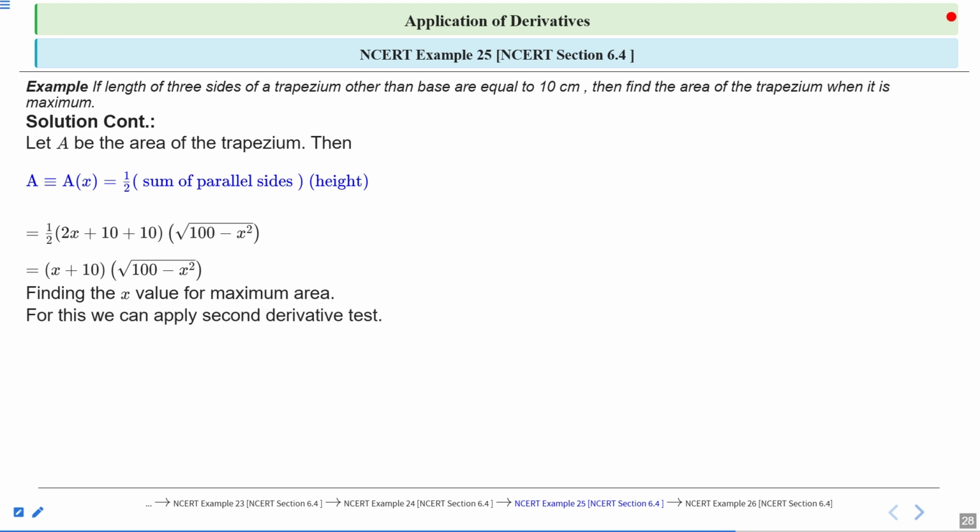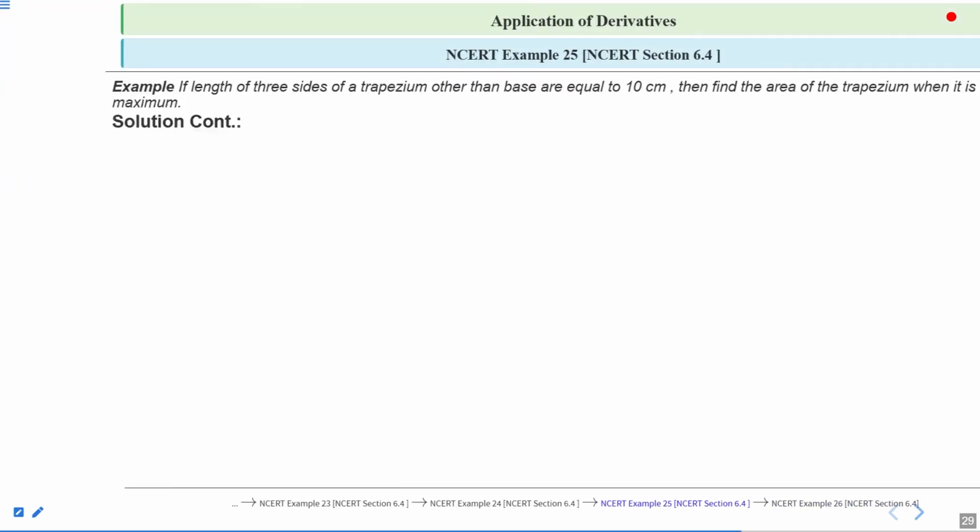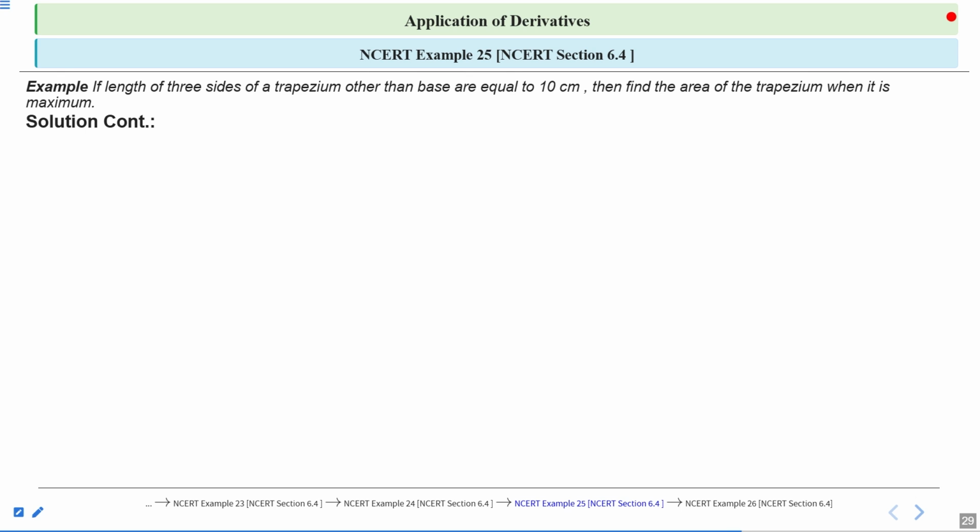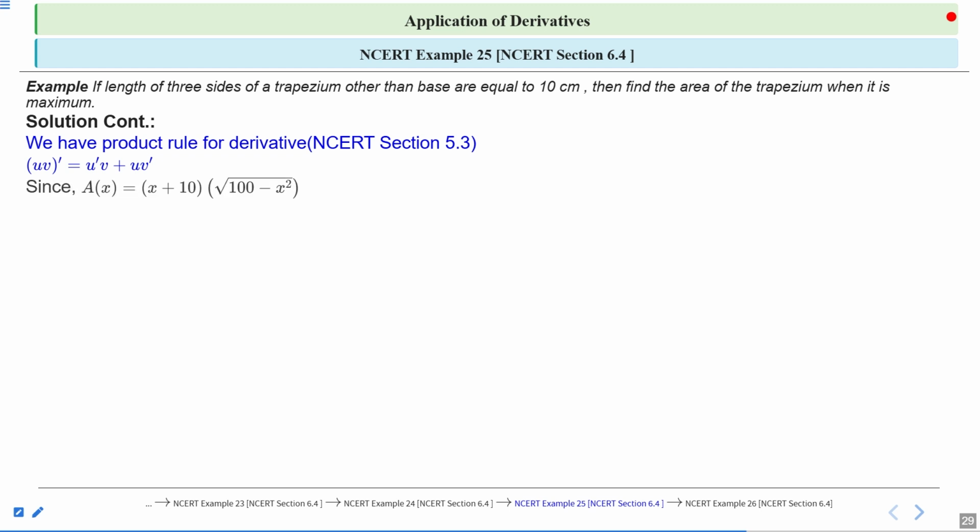For this, we can apply the second derivative test. We have the product rule for derivative. You can refer to NCERT section 5.3 for the product rule, which is (uv)' equal to u'v plus uv'.